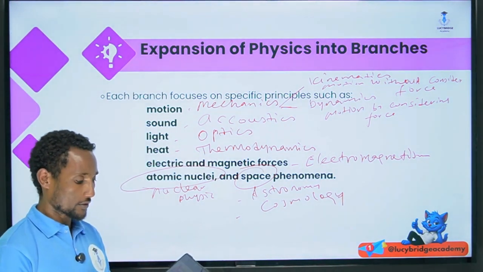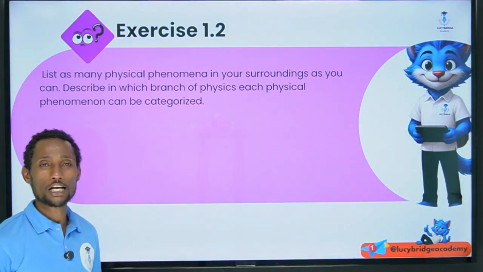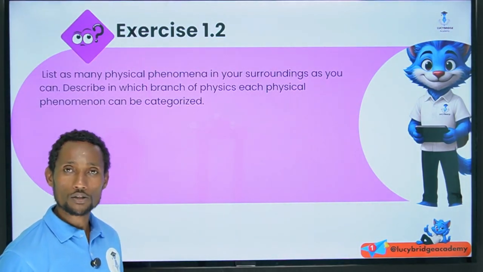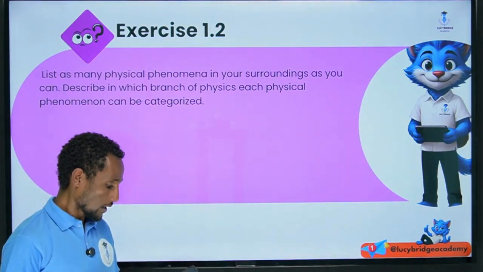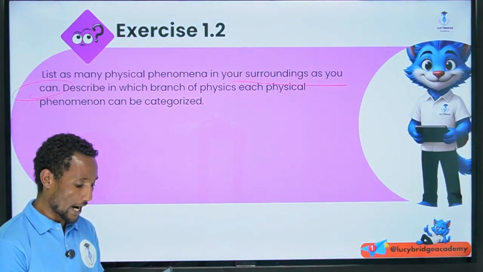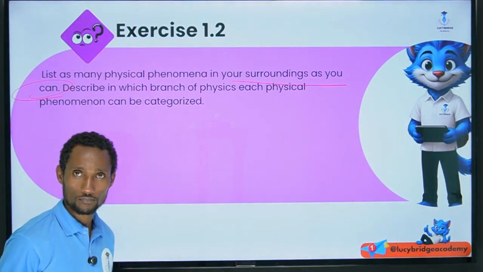And any other thing. Okay, please students do this exercise 1.1 at home, and we'll discuss it in the next video. List as many physical phenomena in your surroundings as you can see, and describe the branch of physics each physical phenomenon can be categorized under.